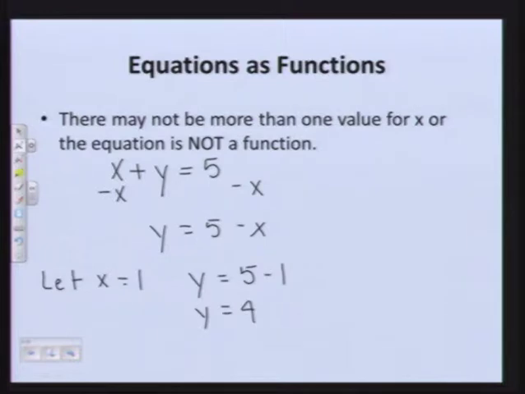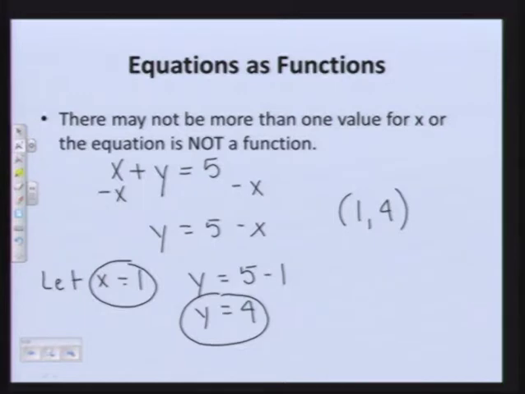What that means is that if I have x equals 1, then I get from that equation y equals 4. I have one y value corresponding to that particular x value. As long as you only have one y corresponding to that x, this equation is a function.